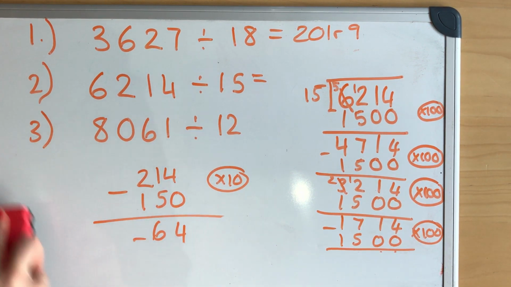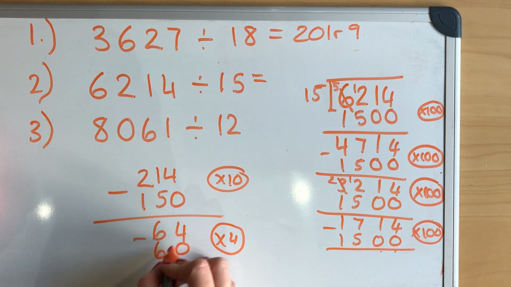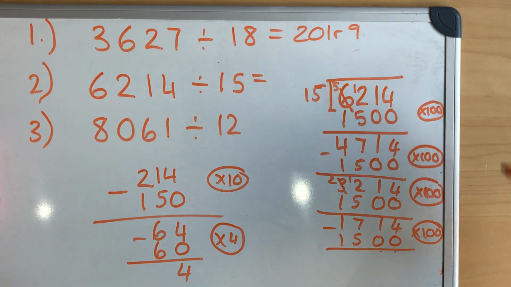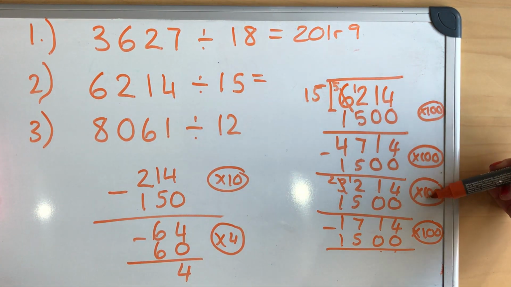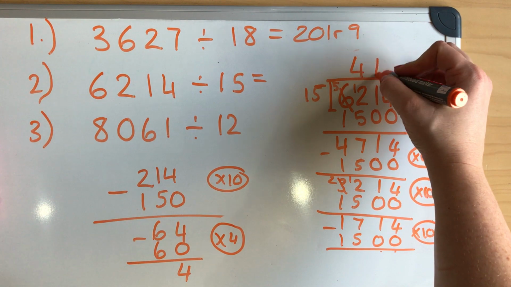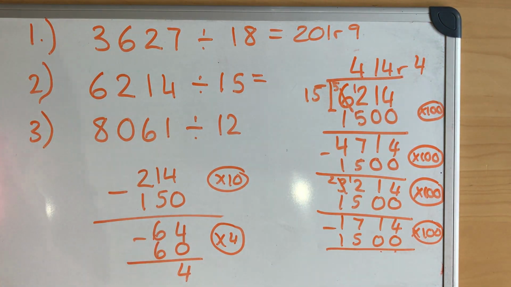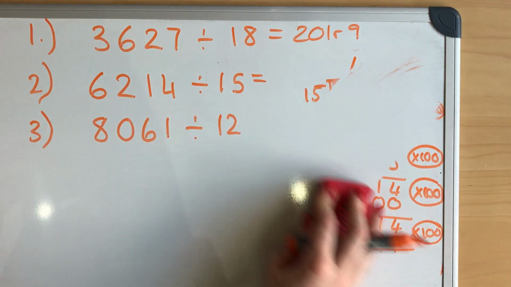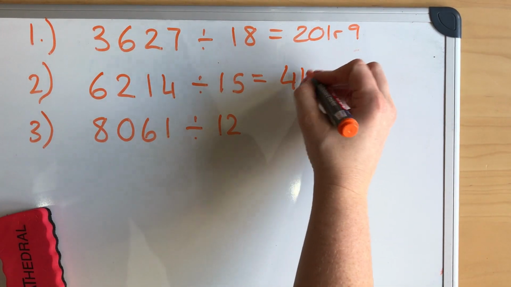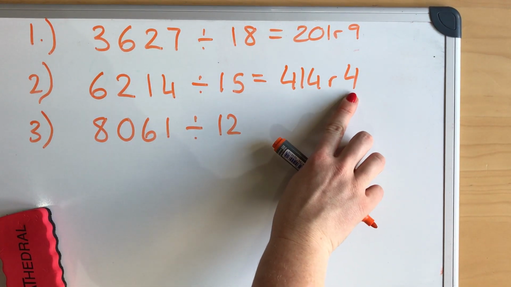So I know that 4 lots of 15 is 60. So I'm going to just turn that into a group of 4. So that would leave me with a remainder of 4. So 100, 200, 300, 414 groups of 15 with a remainder of 4. I hope I've written that down correctly.